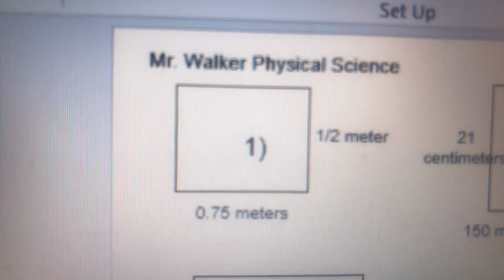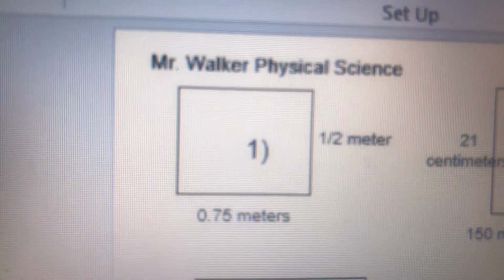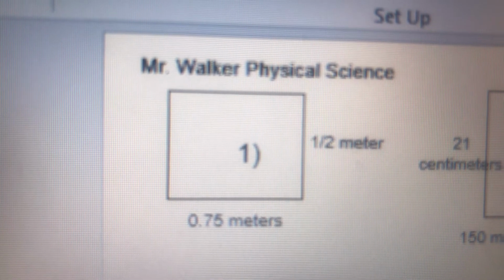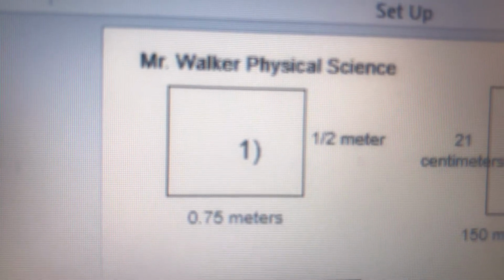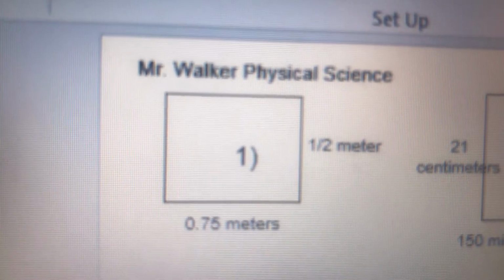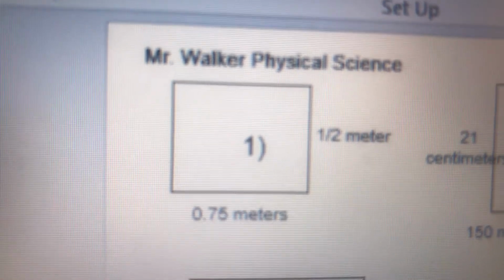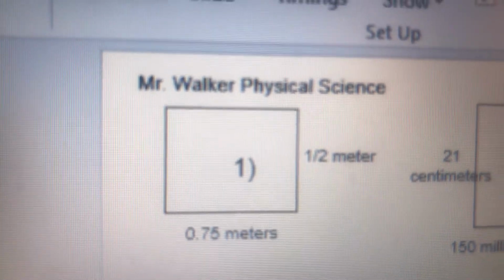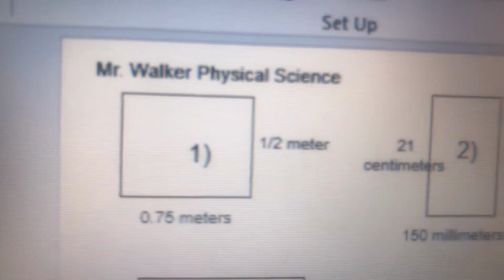Because there are 100 centimeters in every meter, the width in this case, 0.75 meters, I can make 75 centimeters. And then half a meter would be 50 centimeters, half of 100. So 75 times 50, and that would be centimeters squared.